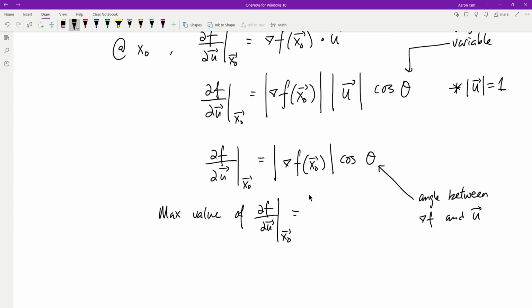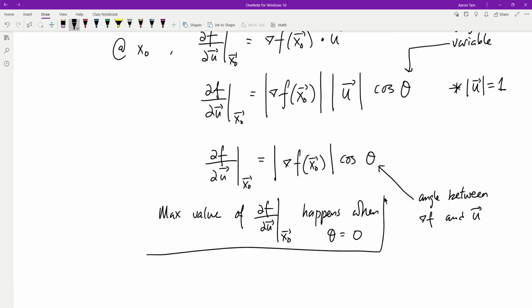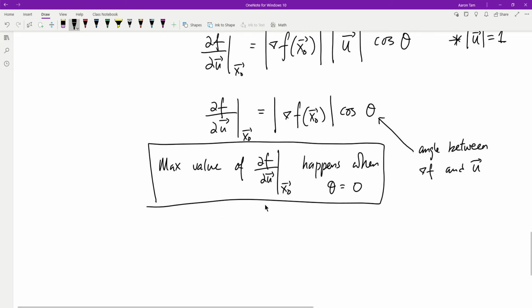Cosine theta is the thing that is actually changing based on the value of theta. And because cosine is a well-known function, I know exactly where the maximum happens. The maximum value happens when theta is equal to 0, because that gives us cosine of 0, which is 1. And that gives us the maximum value.